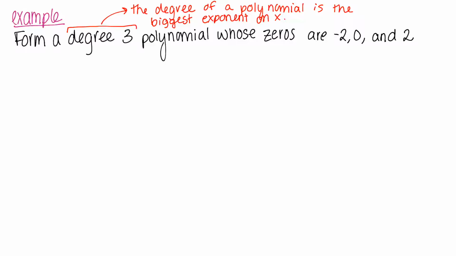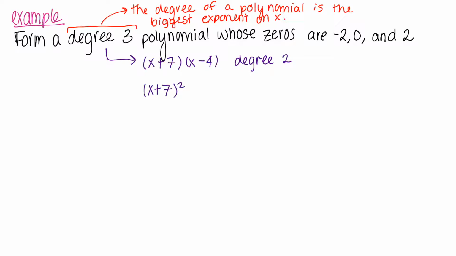Now, to elaborate on this fact and not solve the problem right away, if you have x plus 7 times x minus 4, this is a degree 2 polynomial because when you multiply it all the way out, you would get an x squared term as your highest term.